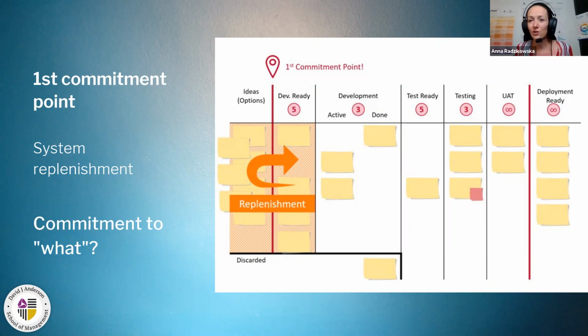And usually this commitment happens on, as we call it, the replenishment meeting, when we replenish this development ready column, in this particular case, with new items from the ideas. And this is the moment when we commit to what we are going to work on.